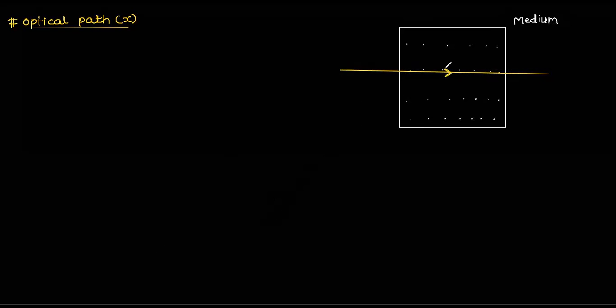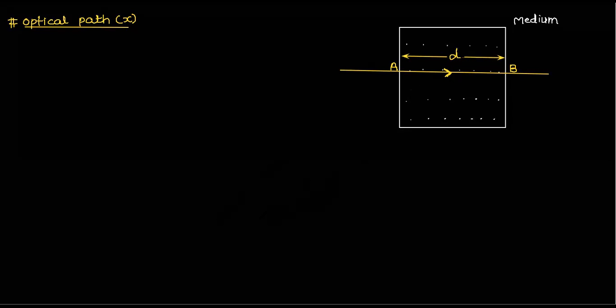This is how much distance it has traveled from this A point to this B point. Light has traveled this much distance. Let us suppose this distance is D, from A to B.